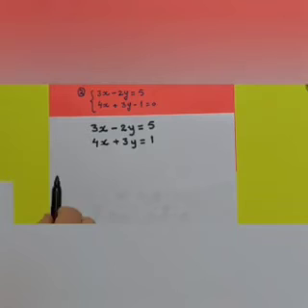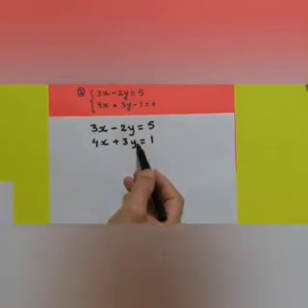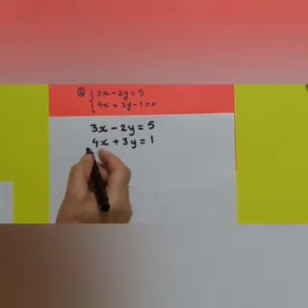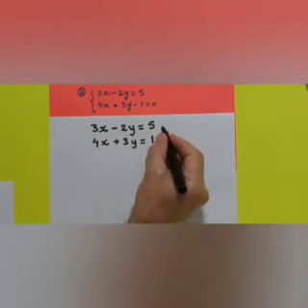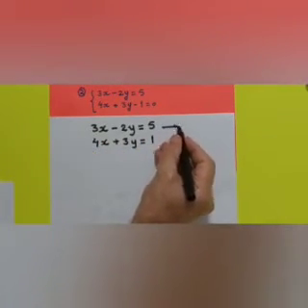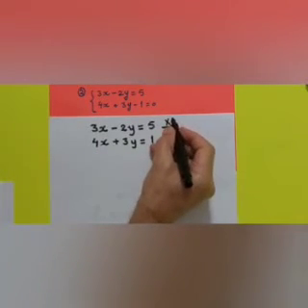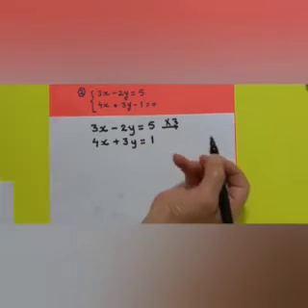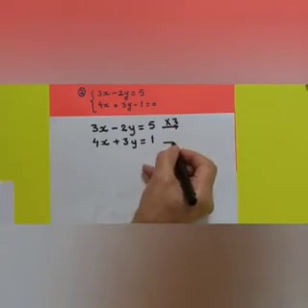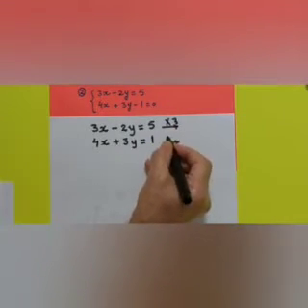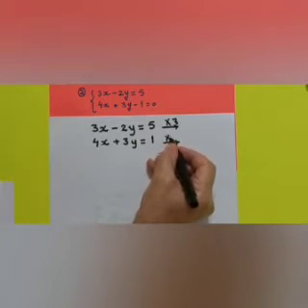We have to make the coefficients equal. So I will try to make the coefficients of y's equal: the first one, multiply it by 3. The second equation, multiply it by 2.